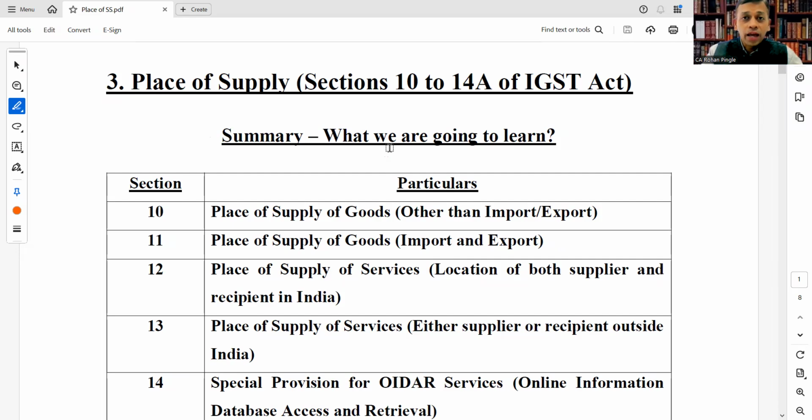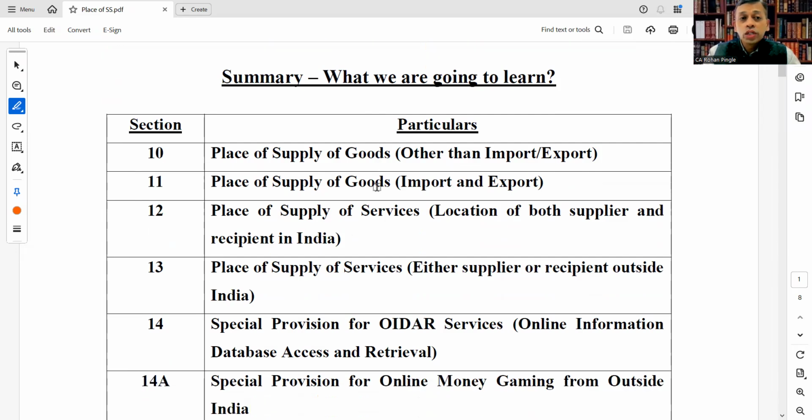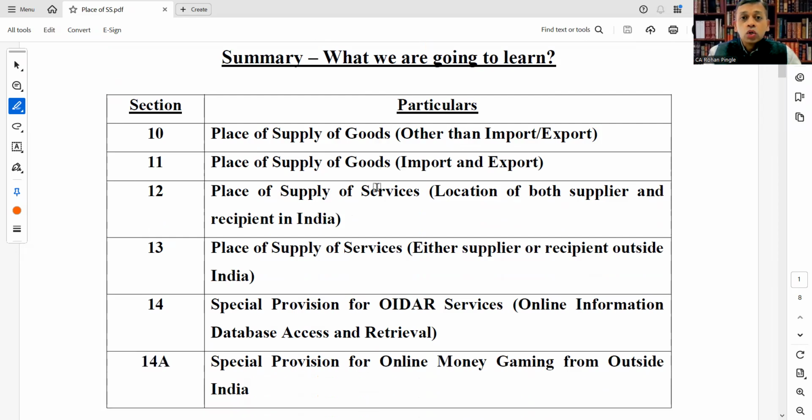Place of supply. What we are going to learn today. We are going to learn today section 10, section 11, section 12, section 13, section 14, and section 14A. So section 10 talks about place of supply of goods other than import, export.